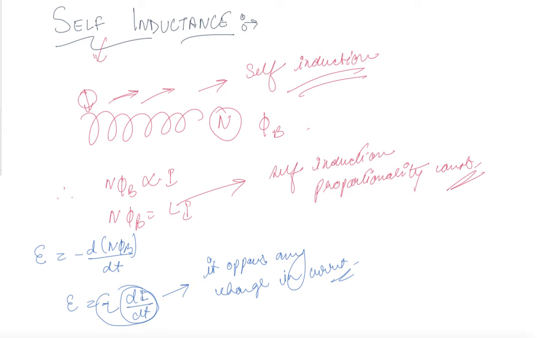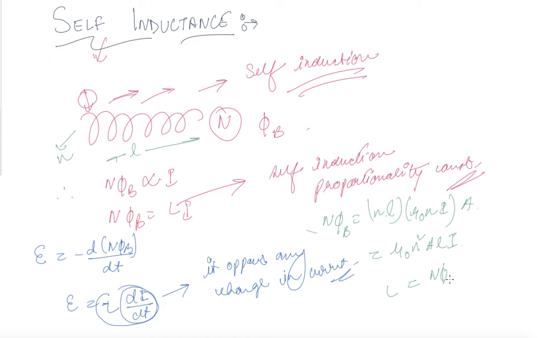So now with our previous discussion, what we can further say is N phi is nothing but N into l, where N is the number of turns and l is the length of the coil, into mu naught n I into A. If you simplify this, this is equal to mu naught n square A l into the current I. So L for us is N phi, that is number of turns into flux, divided by the current I, which is nothing but mu naught n square A l.